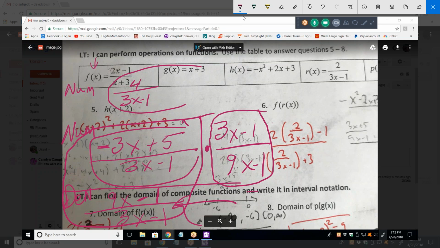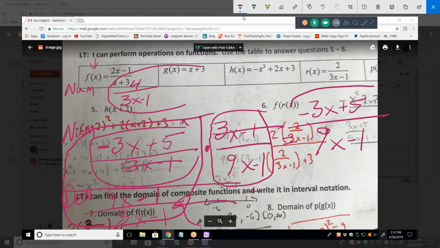And notice what happens. The 3x minus 1 cancels with that 3x minus 1. And I'm left with a very nice answer, which is minus 3x plus 5 all divided by 9x minus 1. There's my final answer. Okay.